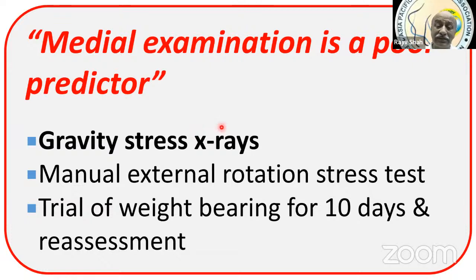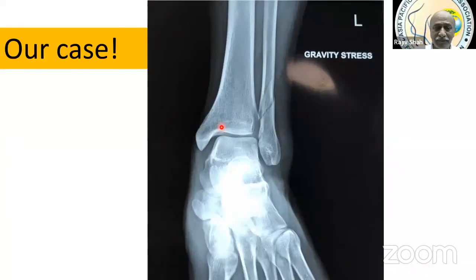If the fracture displaces, that means the patient requires fixation of a lateral malleolus fracture. So medial examination, gravity stress X-rays, manual external rotation stress test, and trial of weight bearing for 10 days. This is what you require to do. Suppose this is unstable, then you're going to go ahead with fixation and doing a syndesmotic fixation.